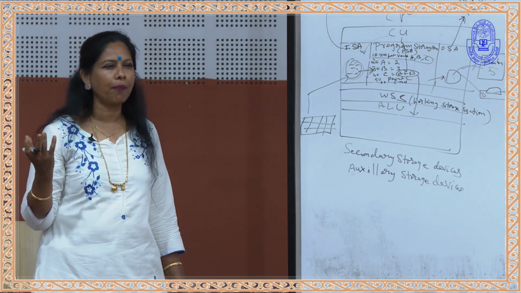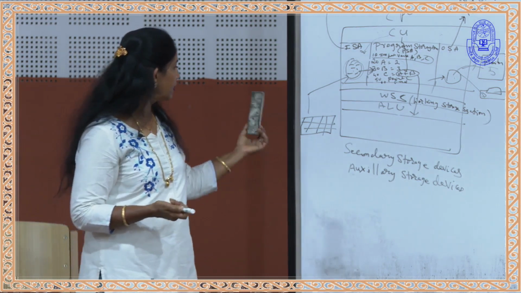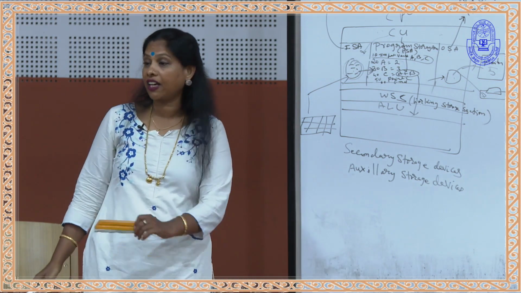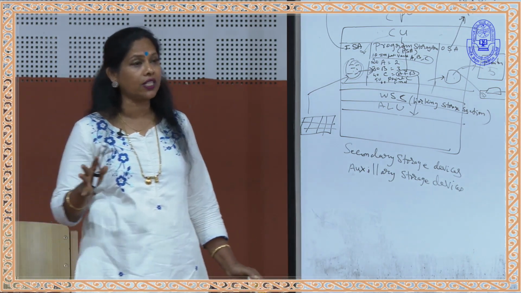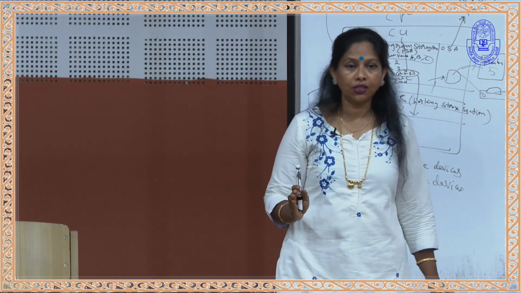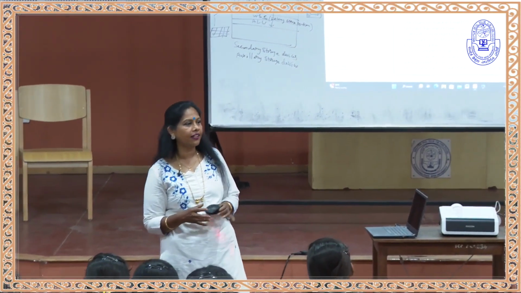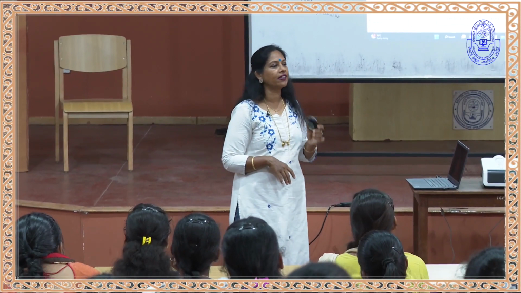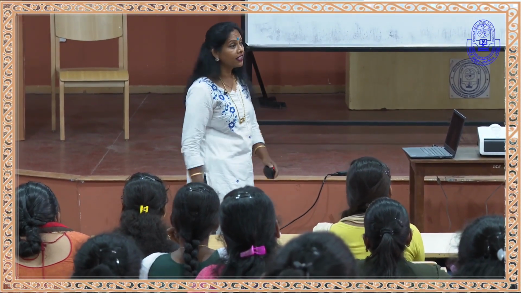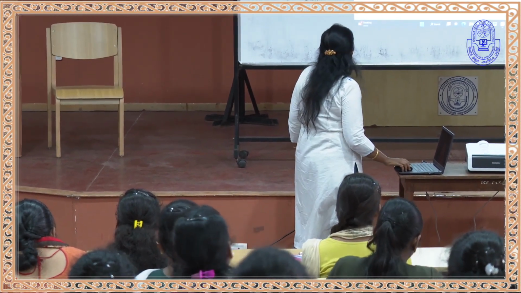There are so many compact discs. They are all different types of auxiliary storage devices. Now, however they twist the question, you should be able to pick the correct answer. Next class, because there are so many types of mouse, like a cordless mouse and a laser mouse, I will teach you different types of mouse also. Earlier how it was, we'll learn later.